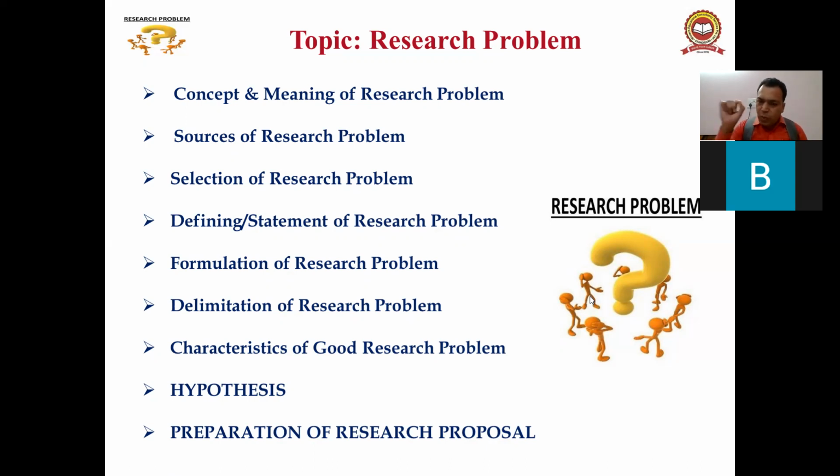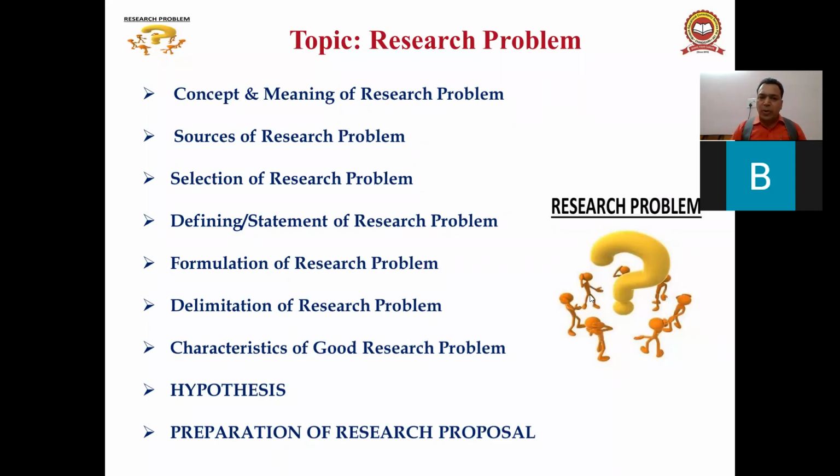Fifth is the most important, formulation of research problem. This question has come in the last exam. Write the steps of formulation of the research problem, right? Next, we will discuss delimitations of research problem and the characteristics of a research problem. फिर अगर time मिला तो we will discuss hypothesis and preparation of research proposals, right guys?